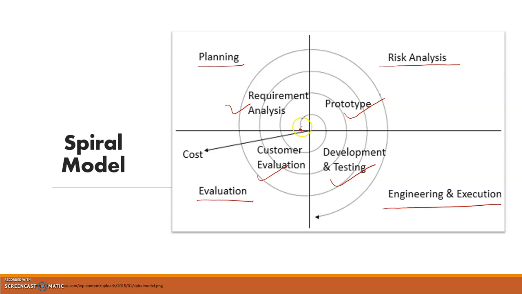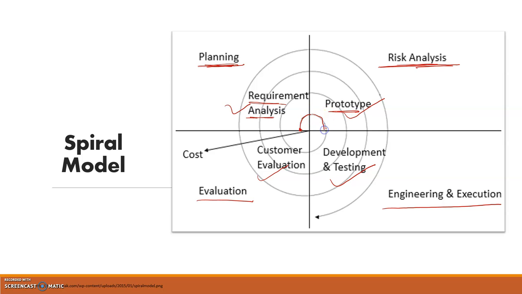So what it does, it starts from here. So we are doing planning, right? Planning, and then we do the requirement analysis. So after this, we will do the risk analysis and we'll create the prototype.